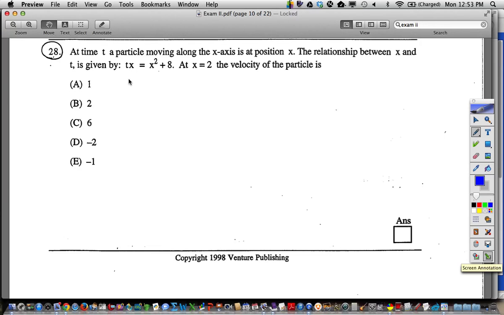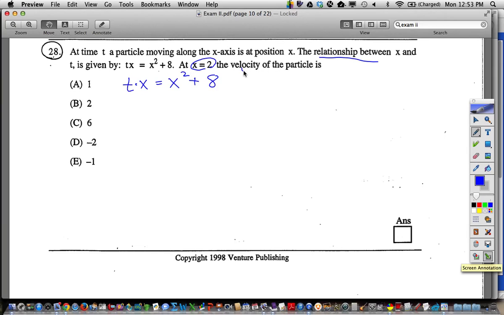This Tx actually means T times X. It's a situation where they're not going to give us the position function in terms of X. They call it the relationship between X and T. Because sometimes we can't write it as a function, like ellipses, hyperbolas, sometimes those equations we can't solve for just the X. So here, we can't get the position as a function. So it's just called the relationship between the position and the time. Now they tell us that at X equals 2.